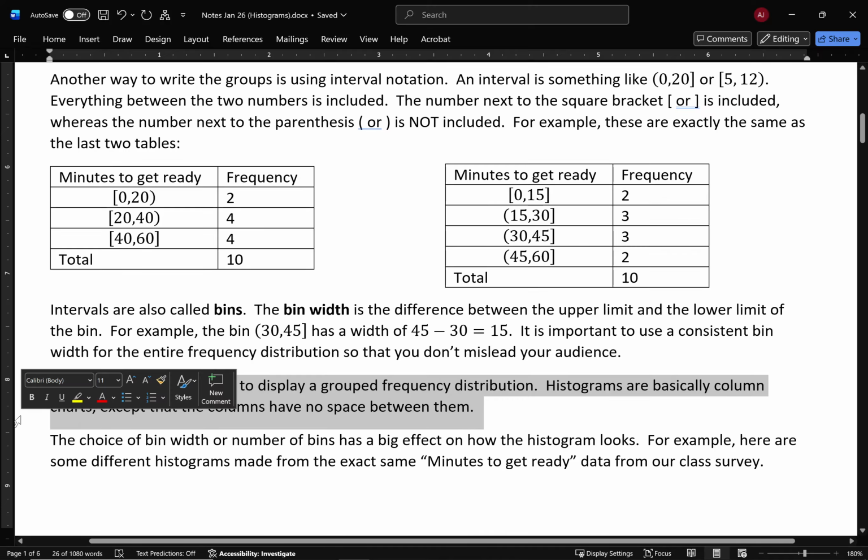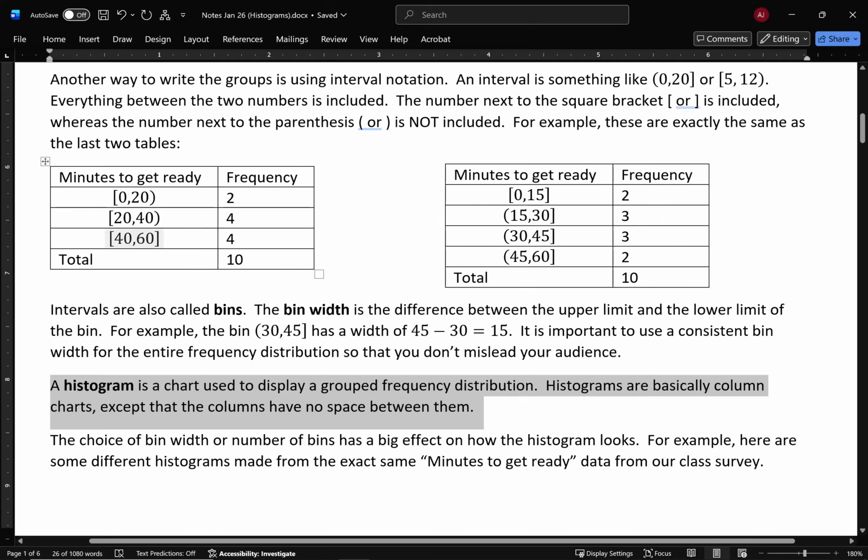All right, so once you have a grouped frequency distribution, in other words, a table like one of these, you can use it to make what's called a histogram. So this is a chart, and it's basically just a column chart, but the only little difference is that the columns have no space between them. And that lack of space suggests the concept of continuity, which makes sense for numerical data because, for example, on this minutes to get ready question, somebody could have answered anything from 0 all the way up to infinity, I guess.